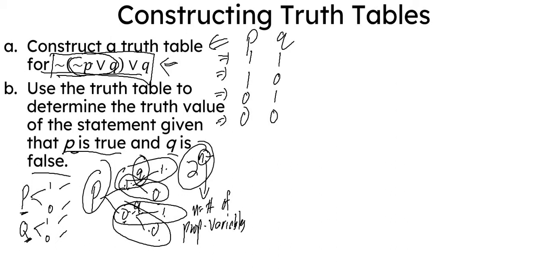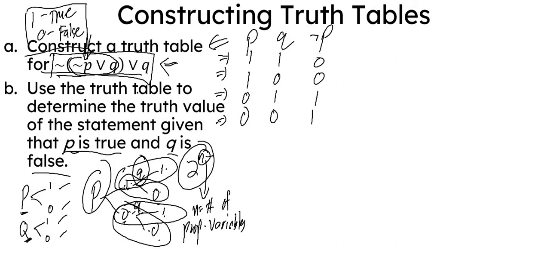Here we have a not P or Q. To make it easier for us to look at our table, it is recommended that we also find the truth values for each complicated or not simple propositional form, even not P. So this is not P, and I will just base it from P. So not 1 is 0, not 1 is 0, not 0 is 1, not 0 is 1. By the way, 1 here, just to remind everyone, is true, 0 is false. That is what we are using.